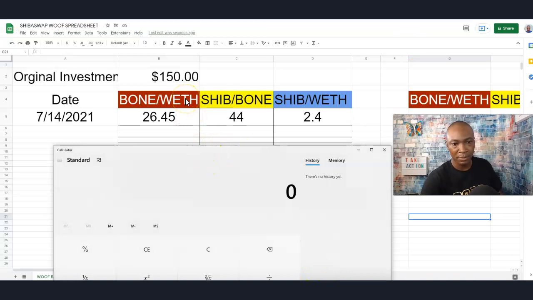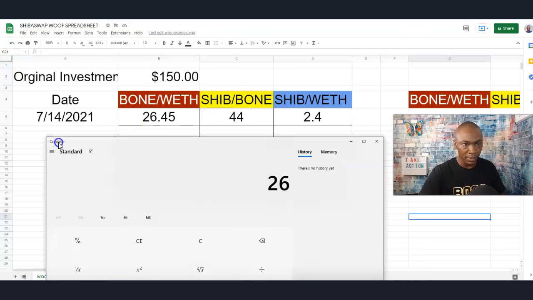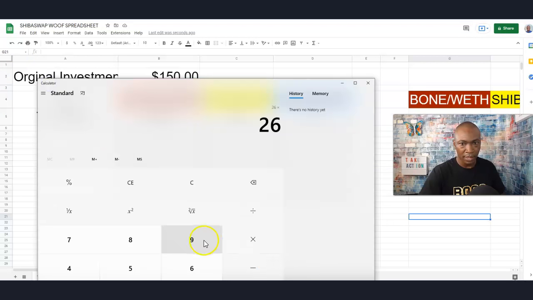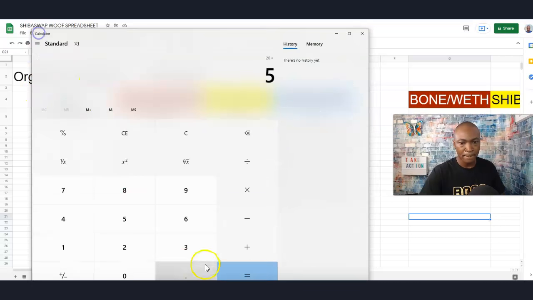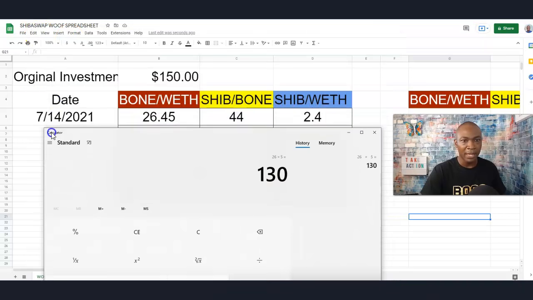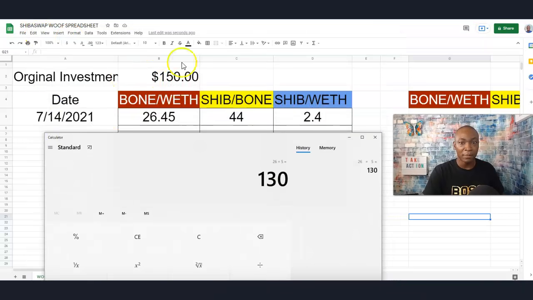That's how much we have. Let me move this calculator, it's really acting up. I want you to see this. 26 times 5 is $130. I've already made my initial investment. My original investment for all this was $150, and I've already made $130, and we haven't even calculated the SHIB yet.